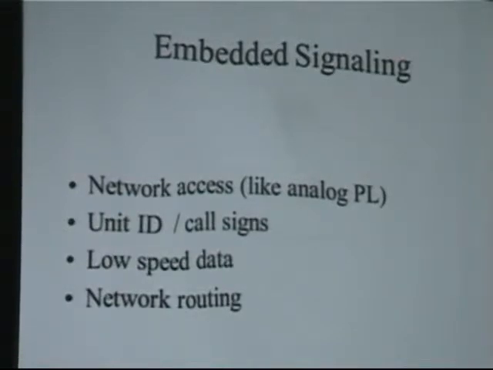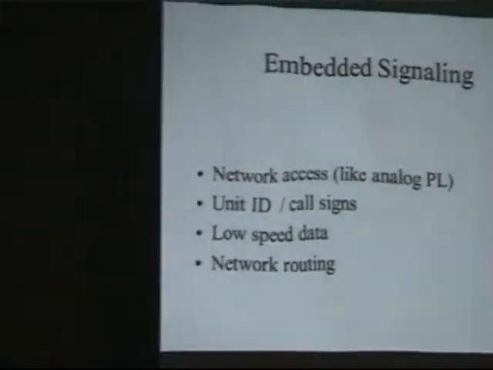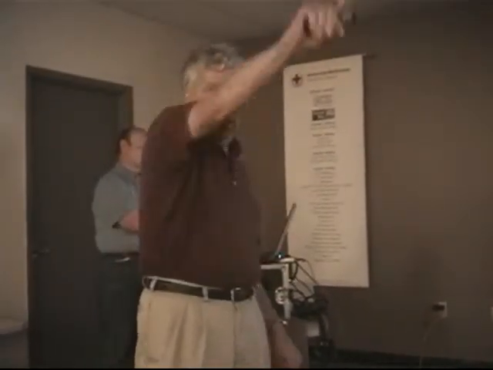Low-speed data, like D-Star, you can put in a certain number of characters, 20 or whatever it is, that is transmitted continuously so the radio on the other end sees that. Some of the P25 radios can do the same kind of thing. And network routing information that we can put in there. With D-Star, we can tell the system through things that we poke into the radio where we want to go.